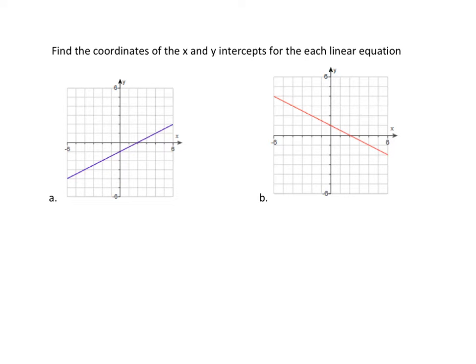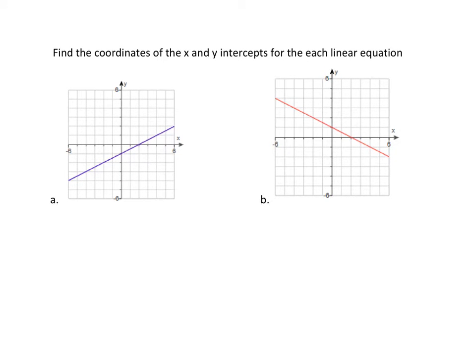So we've got two different graphs here. For each one, we're going to find the coordinates of the x and y intercepts for each linear equation or each graph. So let's start with example A first, and we're going to start by finding the x-intercept.